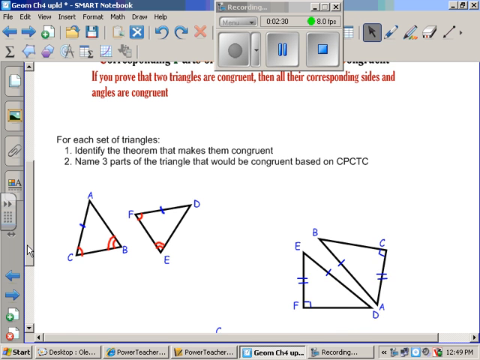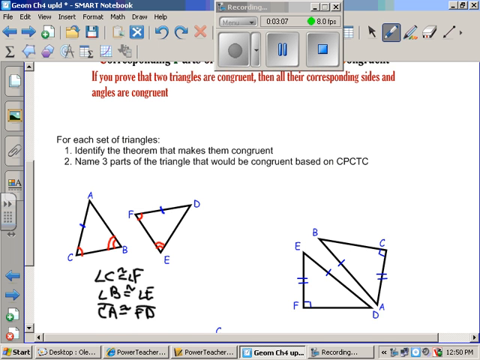So can I prove these two are congruent? Yeah? I need my three things. What are my three things? What are the three things that I can say are congruent here? Well, give me the things I can use. I can say angle C is congruent to angle F. B is congruent to E. Right, and CA is congruent to FD.